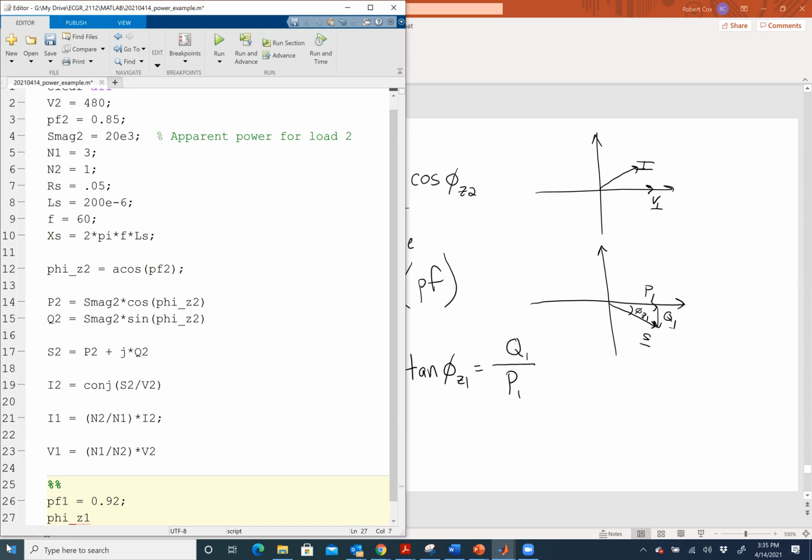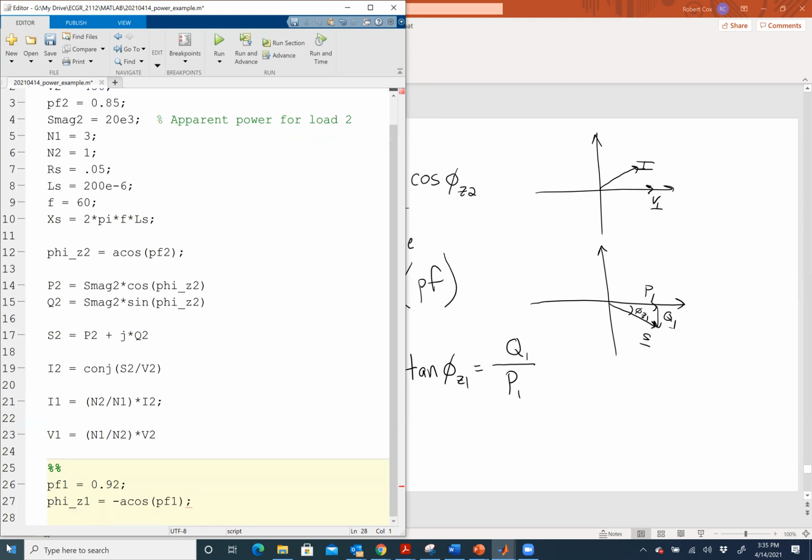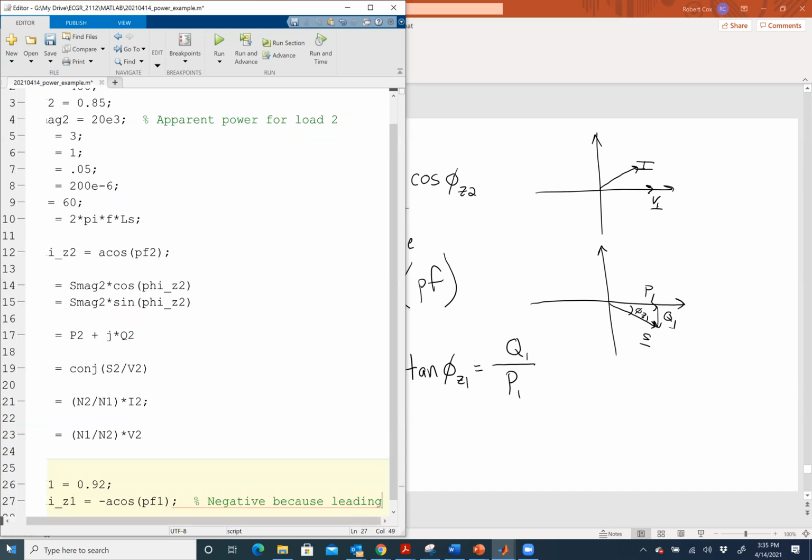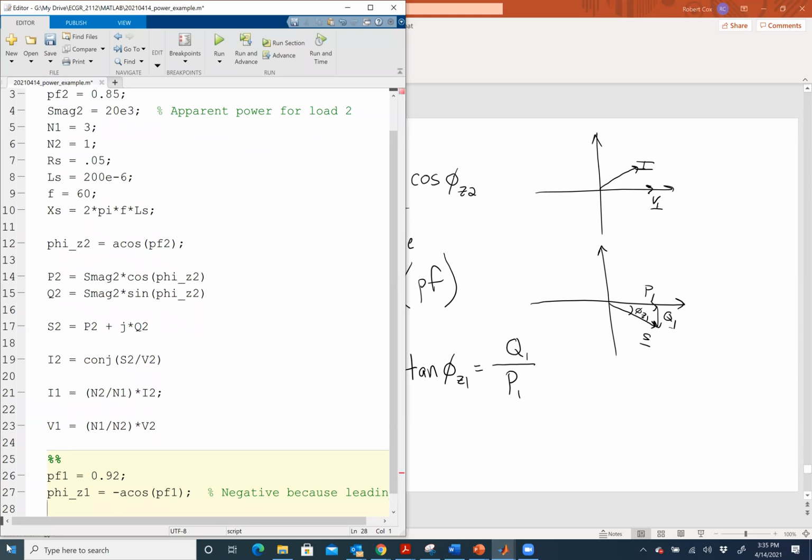Phi Z1 is equal to a cos of PF1. Negative a cos. And it's negative, right? I did that on purpose actually that time. I wanted to ask that question. Negative a cos, because remember, in this case it's leading, so negative because leading.